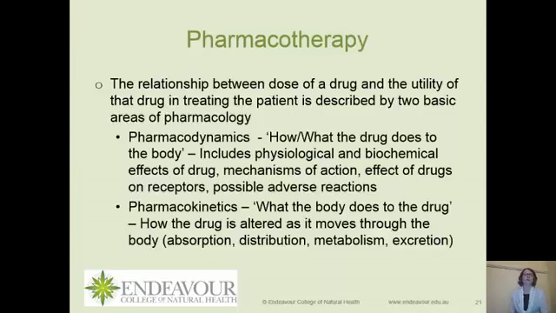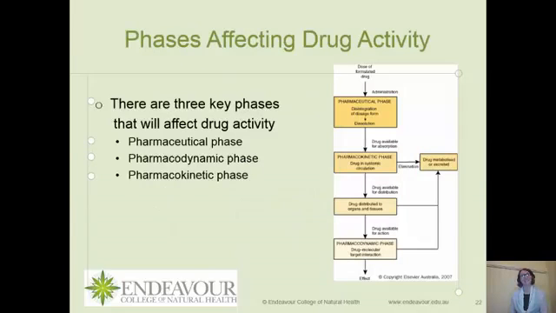So the drug is altered as it moves through various processes that we will look at in some detail. We'll look at absorption, distribution, metabolism, and excretion effects. But first of all, there is another important phase that we can't quite leave yet, because we've been talking about the active ingredient in a medication being the drug, but it's only part of the formulation.